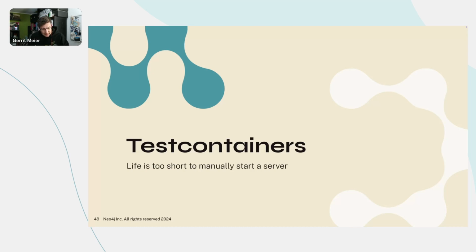As I already mentioned, we developed, I think it's 5 years ago, the new version of Spring Data Neo4j. But this was also about the time when Testcontainers got a massive bump. Testcontainers helps you foremost with starting and orchestrating your Docker containers for usage and tests.